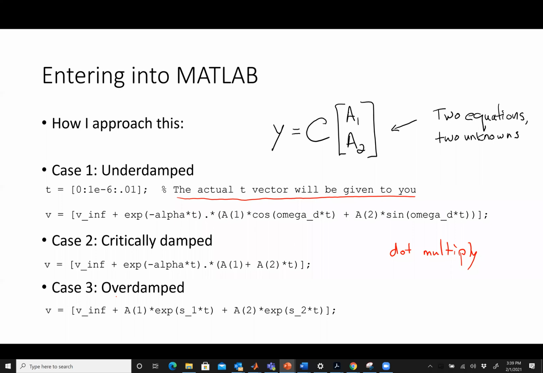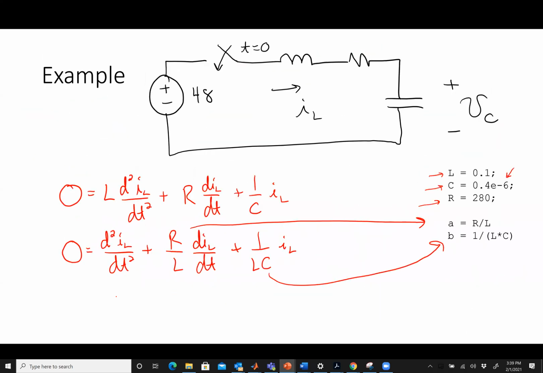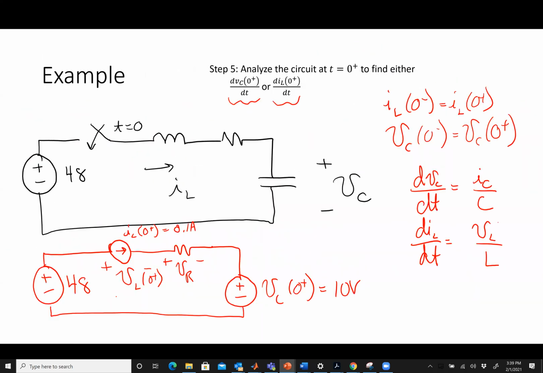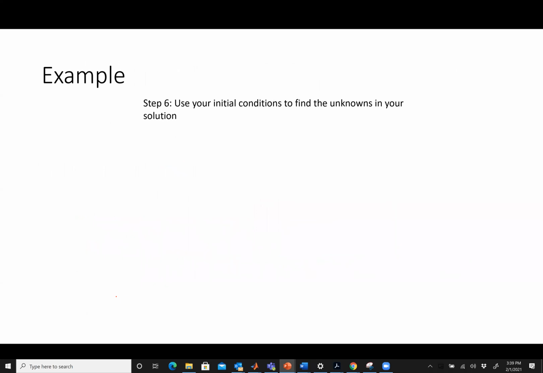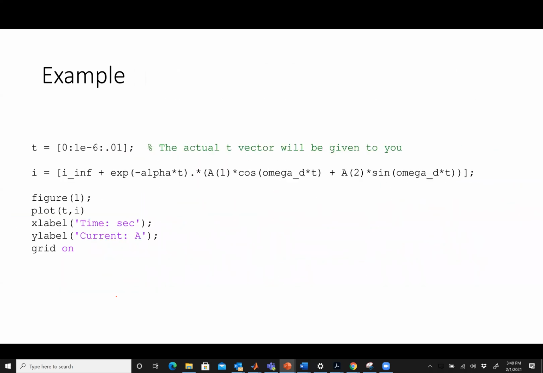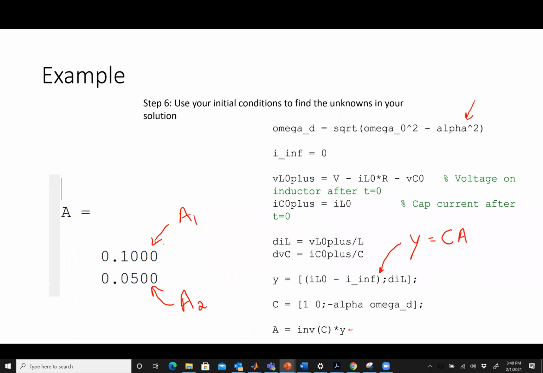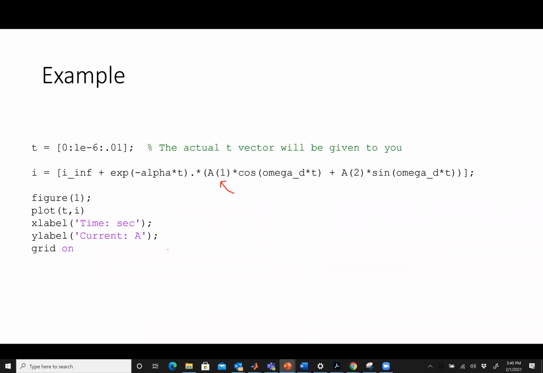You can go back to one of those formulas and just enter that guy in there. That's what I did, okay? And I did that, and here it is. So I put A of 1, so this guy here is the first entry, the 0.1, and A of 2 is the second entry, okay?